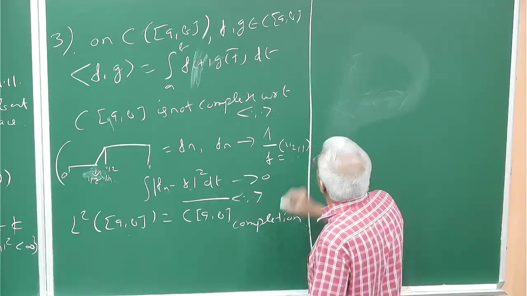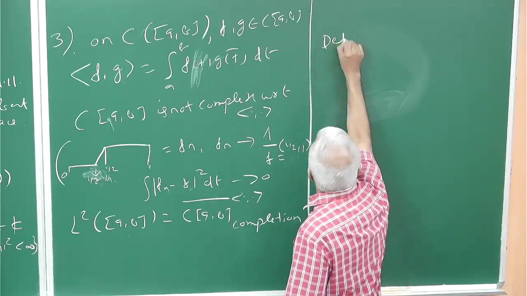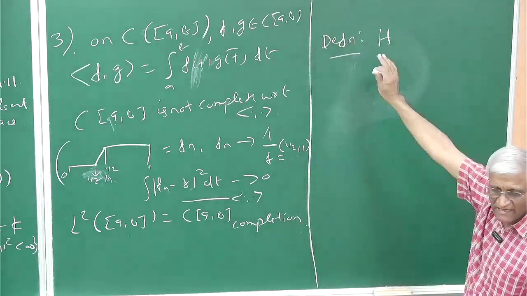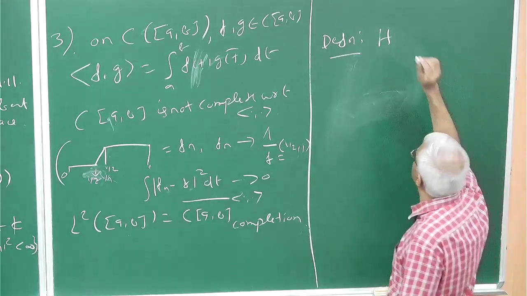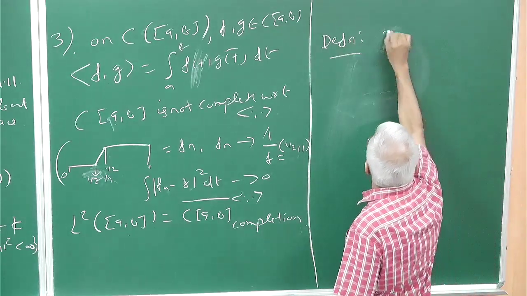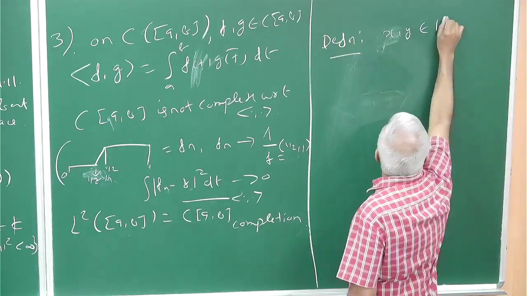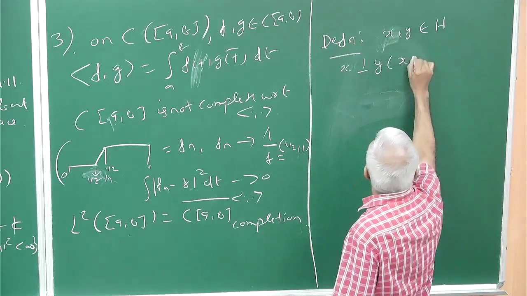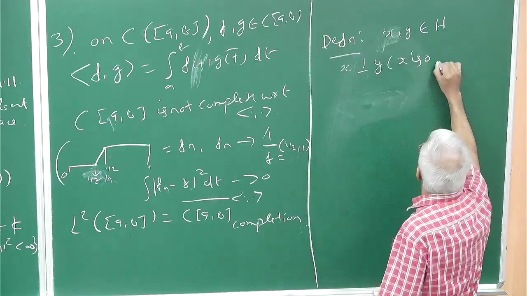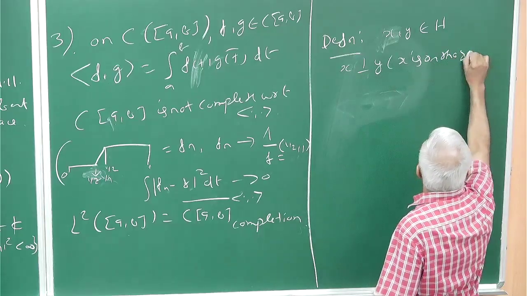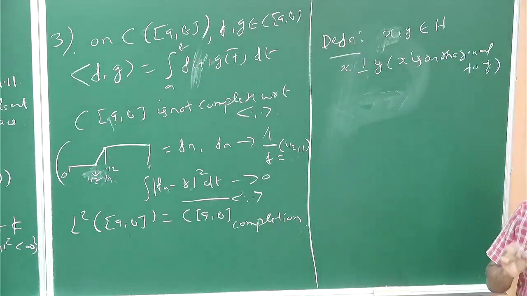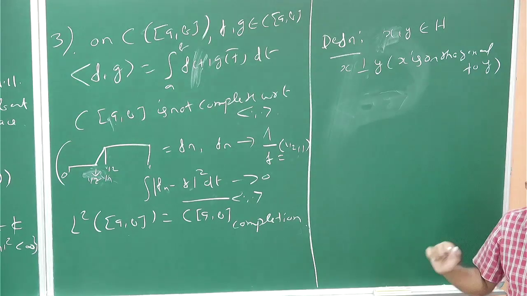So we say, definition: H is a Hilbert space. Whenever I say H, it's a Hilbert space, an inner product space, and it's complete. If you have x, y in H, then x is orthogonal to y. This is the notation. See, inner product is some sort of angle, like cos theta.